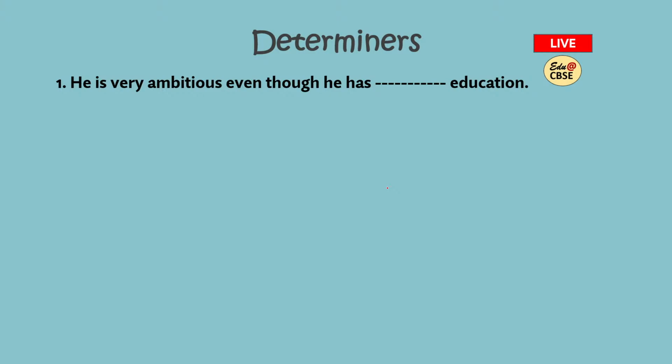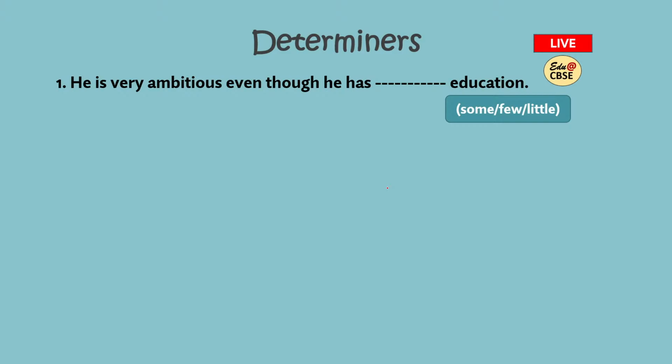Okay, determiners. You have to fill in determiners, not any word. So whatever answer you are sending me, it should be a determiner. Okay, so a little, I'm getting the answers a little, less, Ridhima. Okay, a little. If you want clues, so these are the clues. Some, few, little.